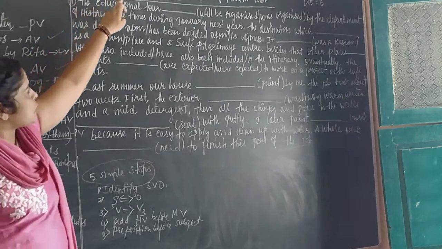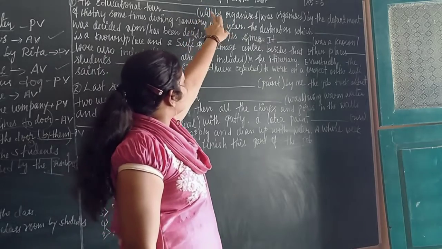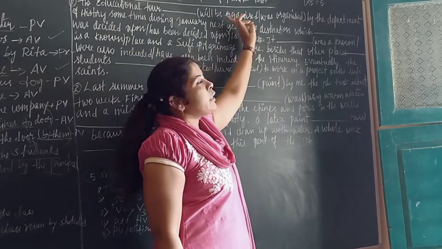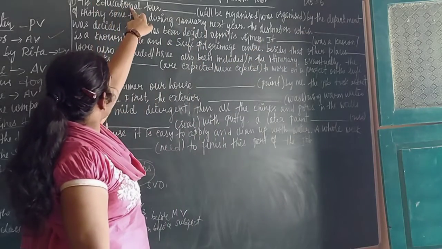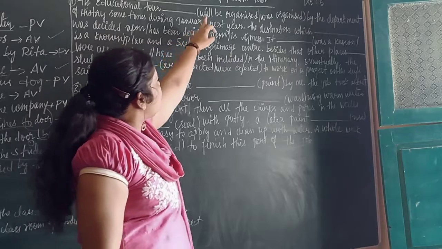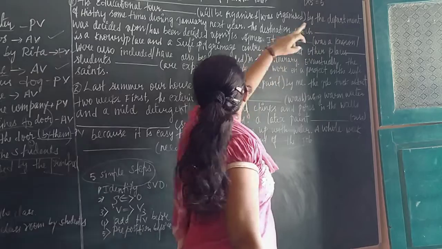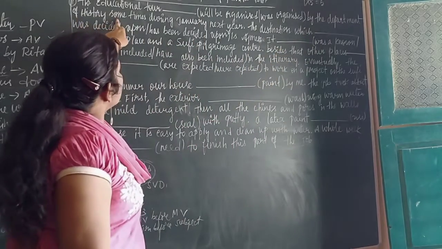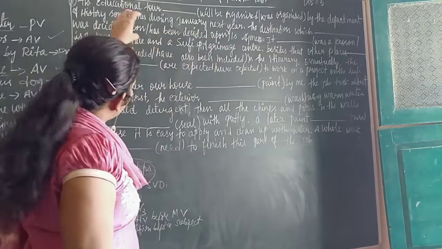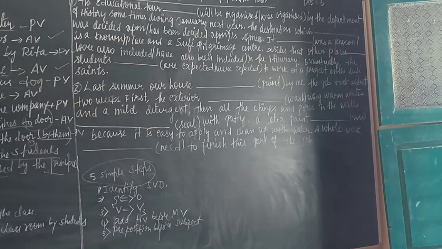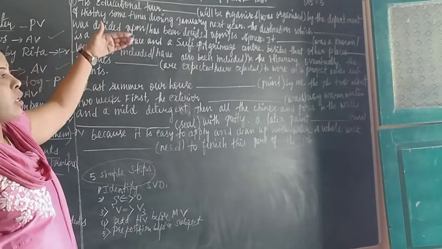The educational tour dash. They have given you two forms of the passive voice in different tenses. You have to choose the correct one in this question. The educational tour dash will be organized or was organized by the Department of History sometime during January next year. So when you want to answer such questions, first identify in which tense the given sentence or paragraph is.